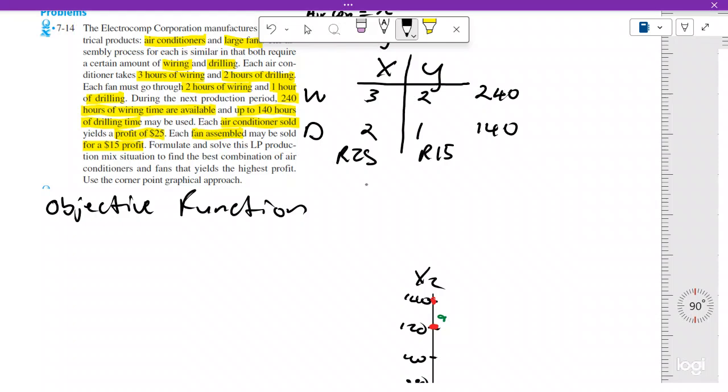You need to always refer to your book when you're not sure, or put this in a software just to make sure that you understand what is required. The objective function now is, so we are aiming to maximize what? Profit.